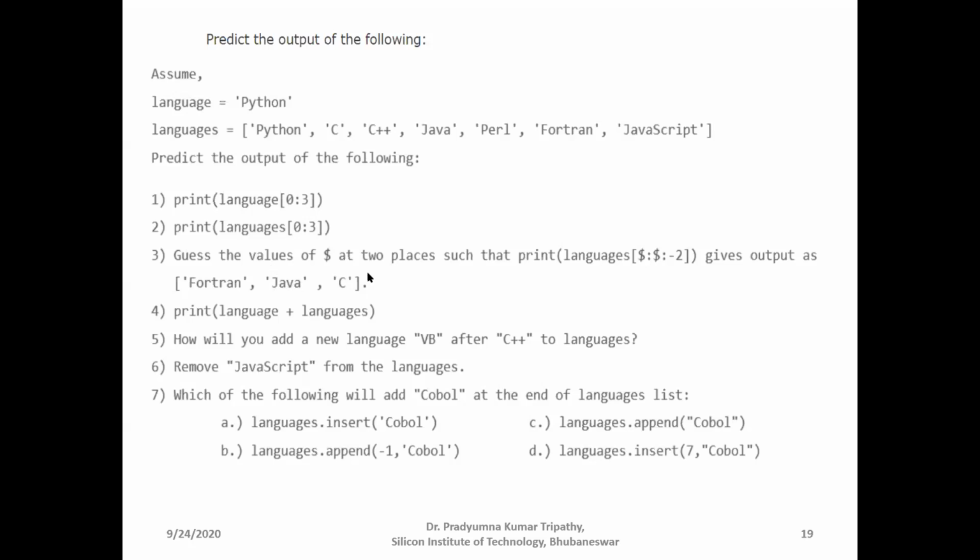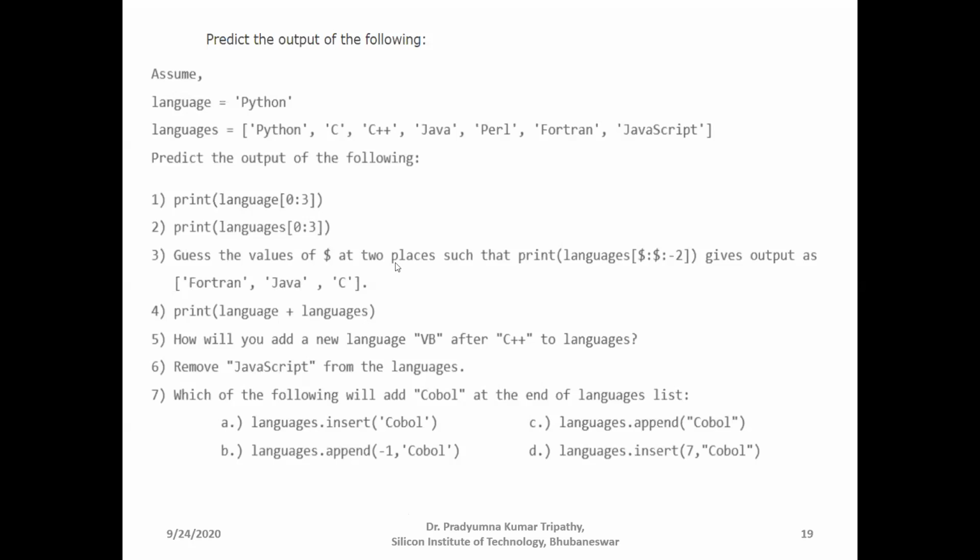Guess the value of Python, C and C++. Similarly, guess the value of dollar at 2 places such that print gives the output as this. What should be the value of dollar?